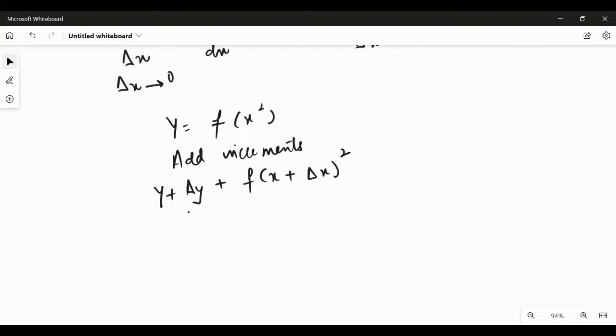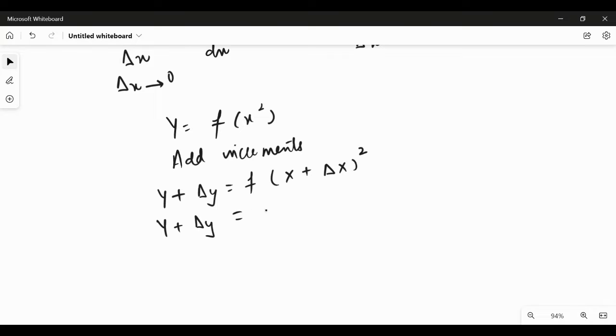Now we will open this (x plus delta x) whole square by applying the formula a plus b whole square.